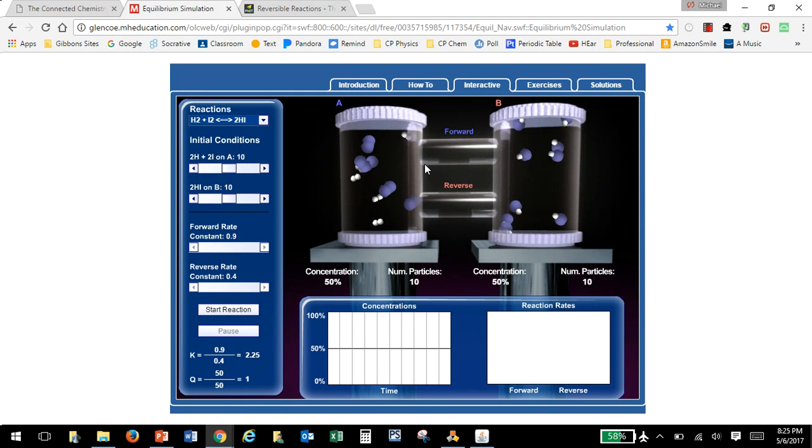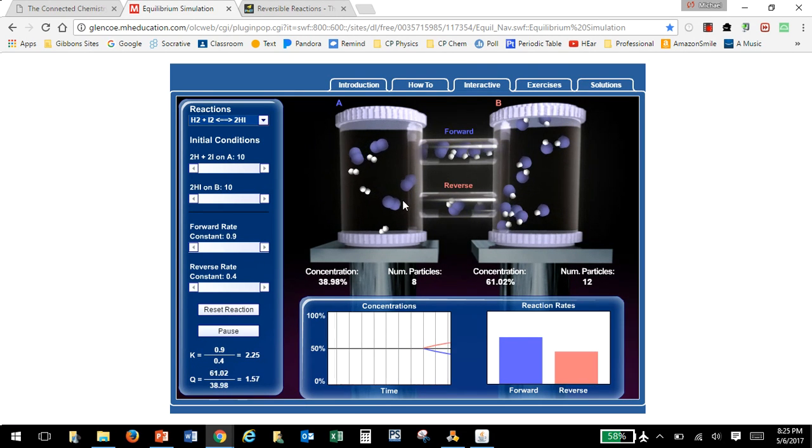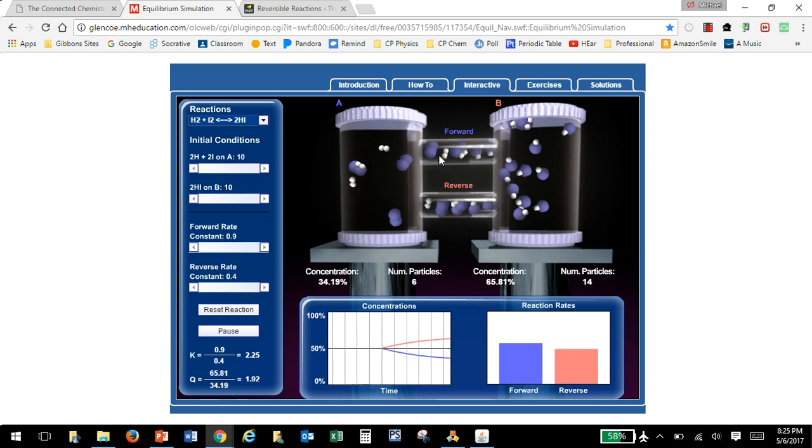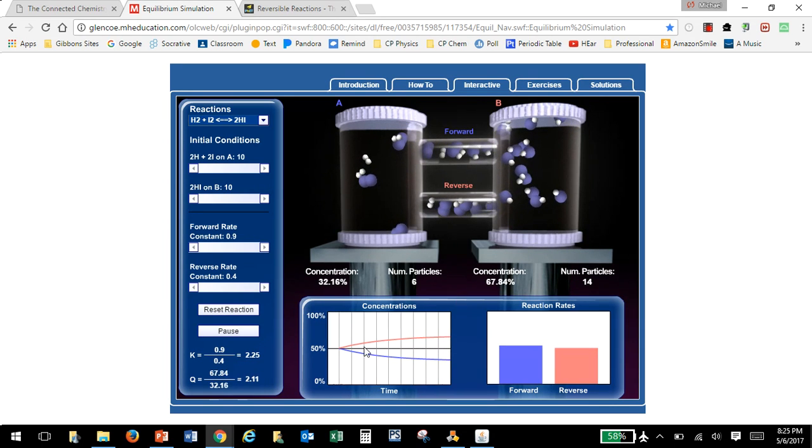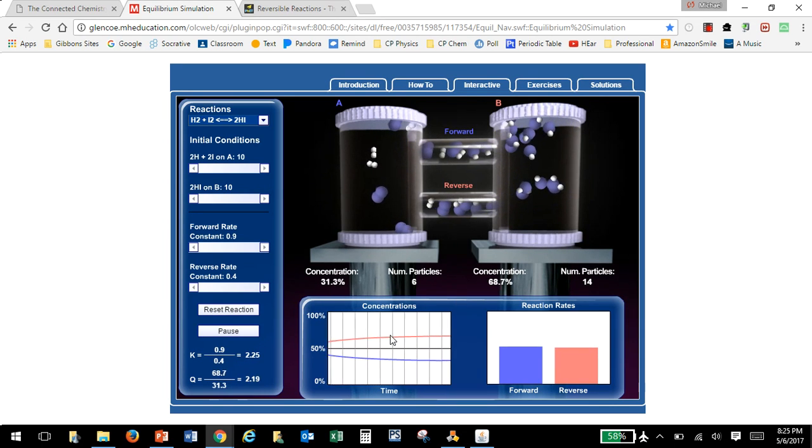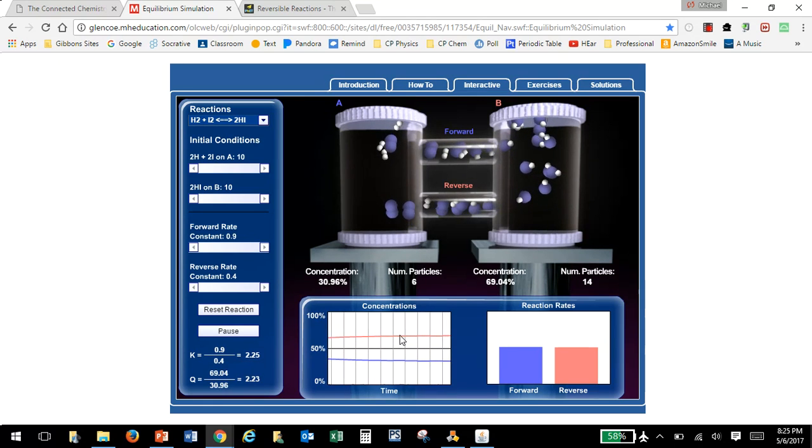So here we have a reaction. And when we let this go, the chemicals are forming iodine and hydrogen iodide, or HI. And there's a point right when we start that one product is being formed more than the other.